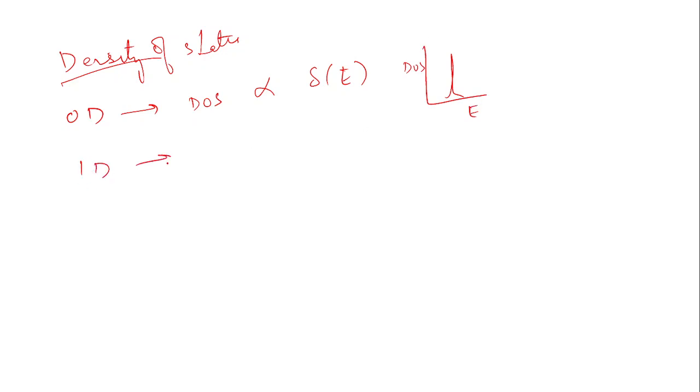Density of states. And we had summarized that for zero dimension, the density of state depends on energy as a delta function, and the graph looks like this. If this is density of state, this is energy. For 1D, it is an exponential decay, density of state proportional to E to the power minus half.